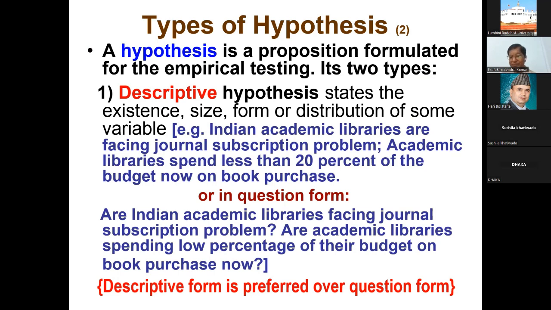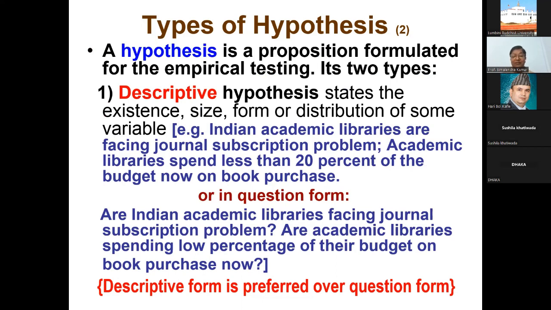It is of 2 types. Descriptive type, that is, it states the existence, size, form, or distribution of some variable. As for example, Indian academic libraries are facing journal subscription problems.